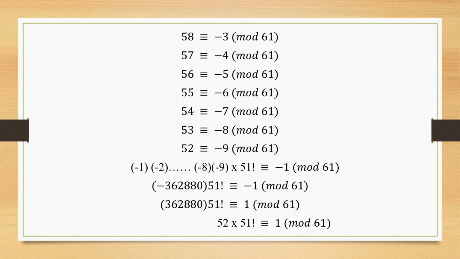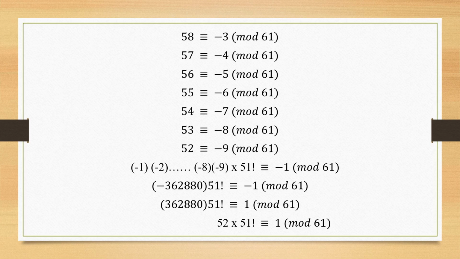Again 55 can be written as minus 6 mod 61. Then 54 is minus 7 mod 61. And what is 53? 53 is minus 8 mod 61. Then 52 is congruent to minus 9 mod 61, that is 9 short of 61.